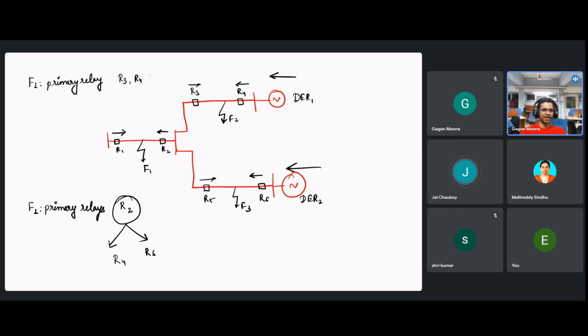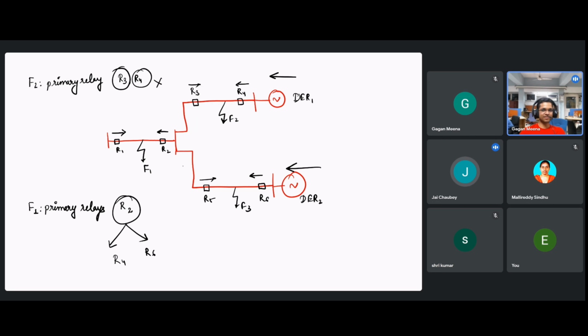Is there any backup relay for R4? Any backup relay for R3, R4? First, let us see R4. R4 is not having any backup relay. No backup. Correct.